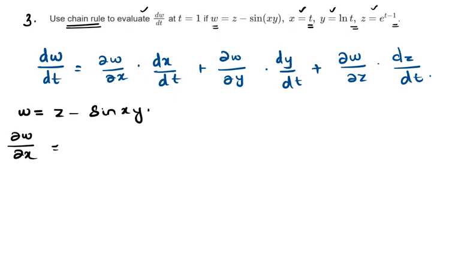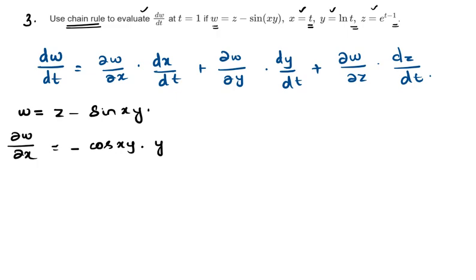Okay, so if you differentiate with respect to x, the z value will become 0, and if you differentiate minus sine xy, you will get minus cos xy. Since you are differentiating with respect to x, so here you will get y.